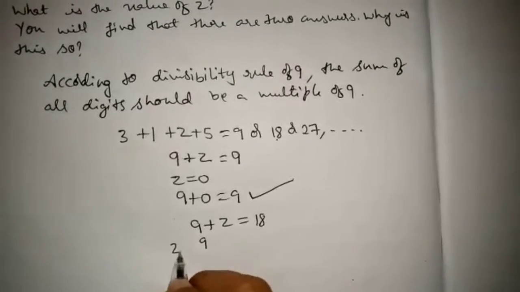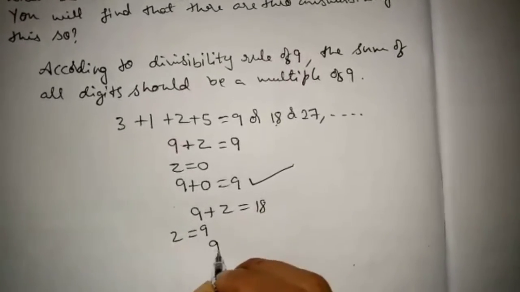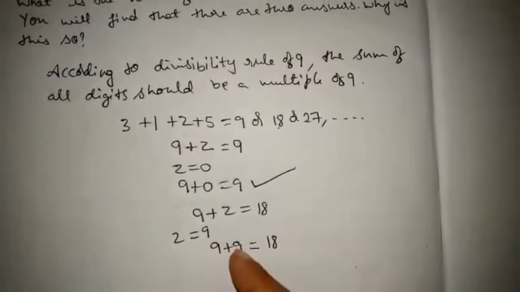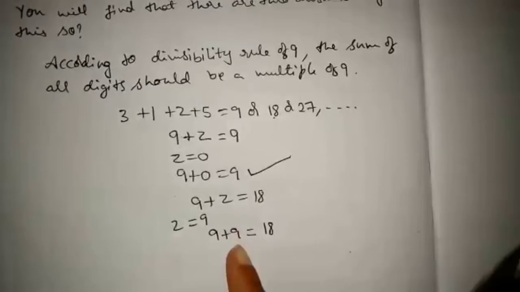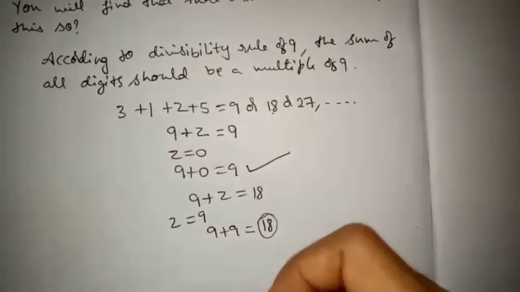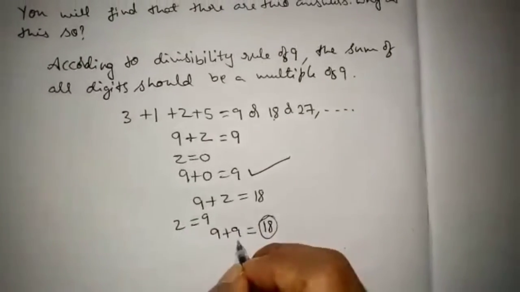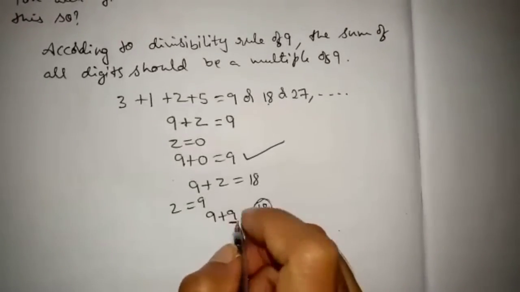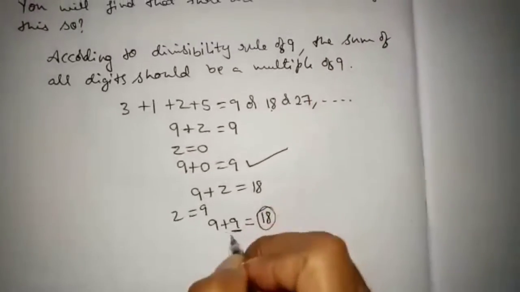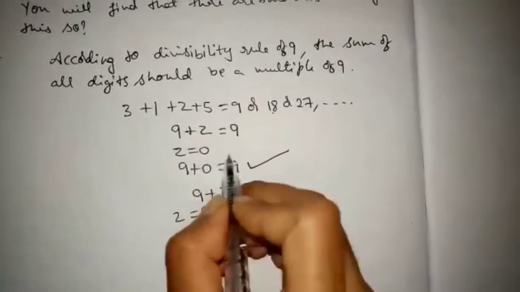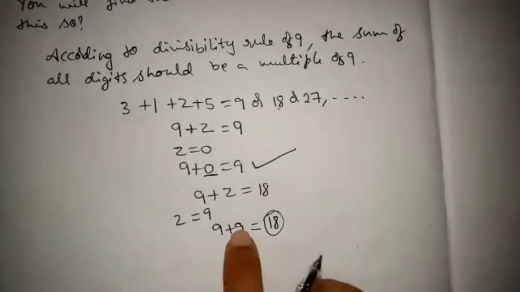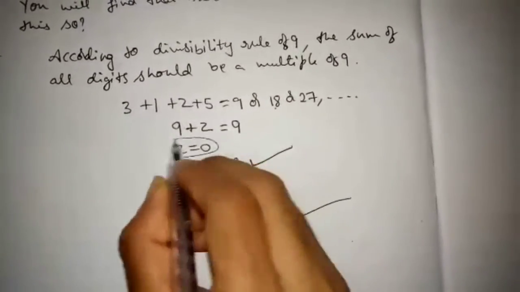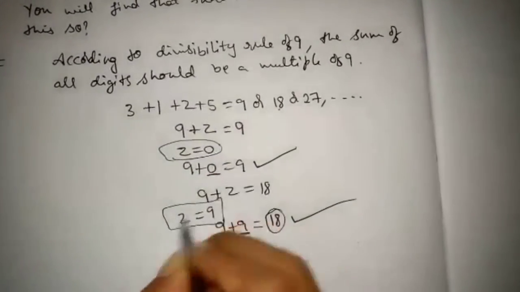If you take z equals 9, 9 plus 9 is equal to 18, right? This also we can take, because here the answer is a multiple of 9, and one more thing is the digit. A variable can take only a single digit. This is also a single digit. So z equals 0 also we can take, and z equals 9 also we can take.